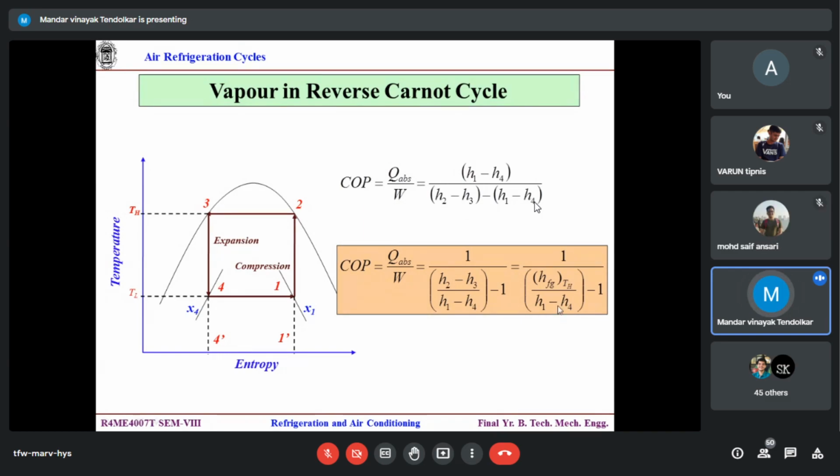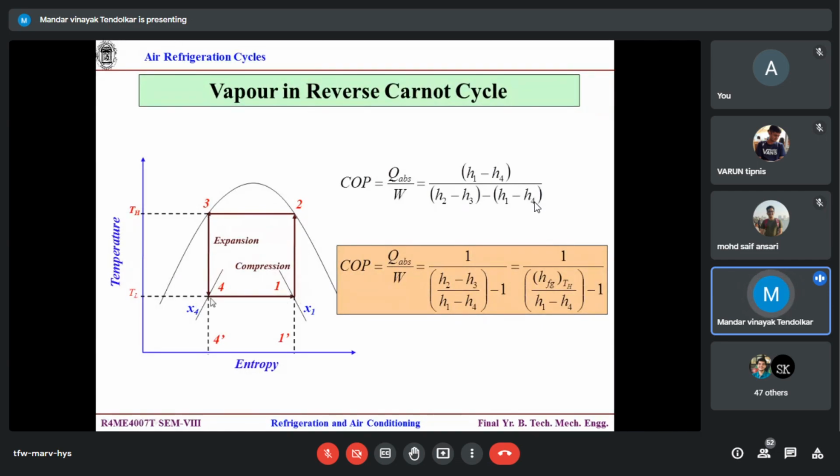This formula shows that COP is a strong function of HFG, H1 and H4. Once your HFG is fixed, in other words, it is a function of HFG only, because the moment you lock this HFG, you just have to draw the vertical lines. So you cannot change H1 and H4.